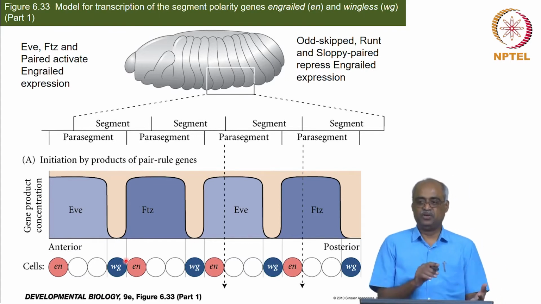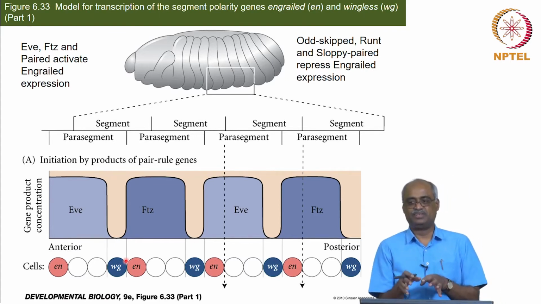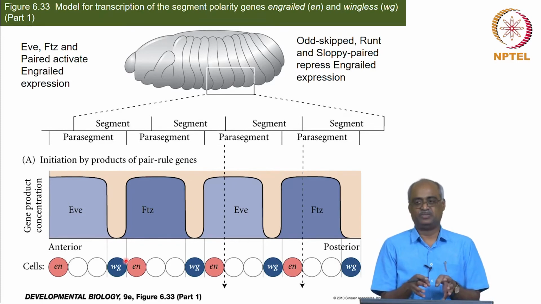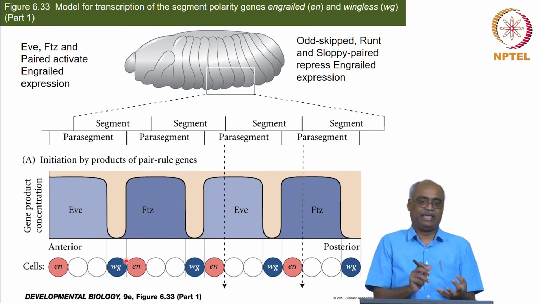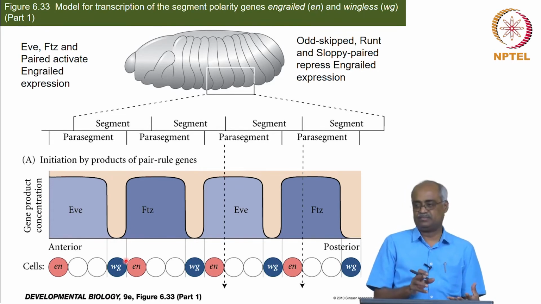Now the syncytial blastoderm has progressed into cellular blastoderm. Cellularization has happened. So now adjacent cells can produce different receptors and ligands and influence each other.